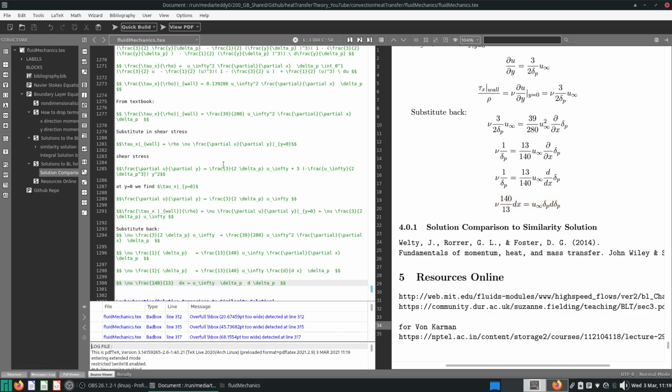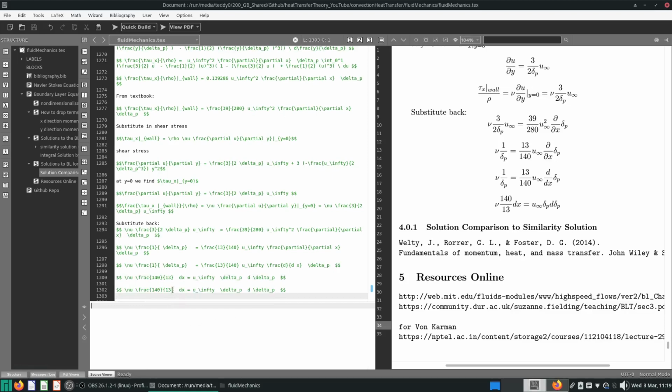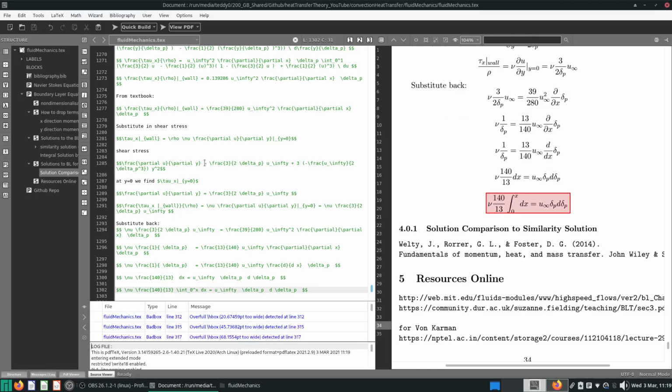Alright, so very simple. Very simple now. We just perform integration. Okay, I integrate x from 0 to x, I guess. I integrate the left side from 0 to x.